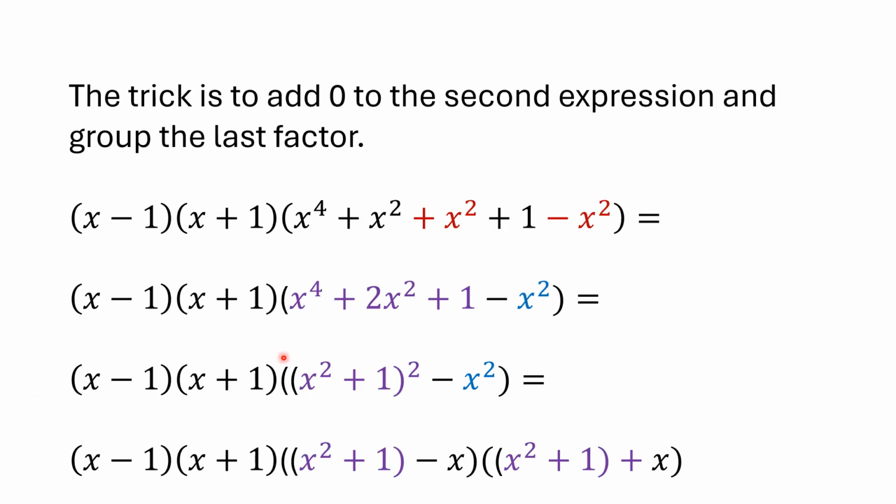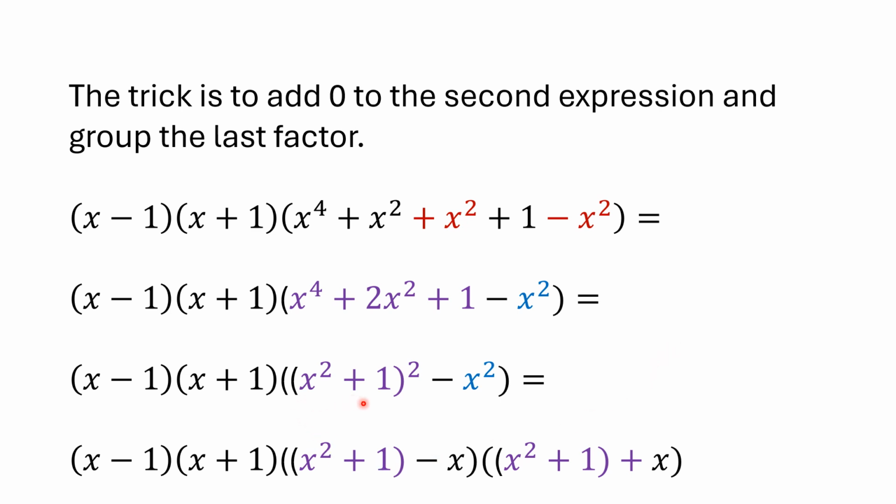Well, the trick is that we take x to the 4th plus x squared plus 1, and we add 0 in the form of x squared minus x squared. And we're going to group it in this way. So that becomes x to the 4th plus 2x squared plus 1 minus x squared. And use different colors so we can follow what's going on.